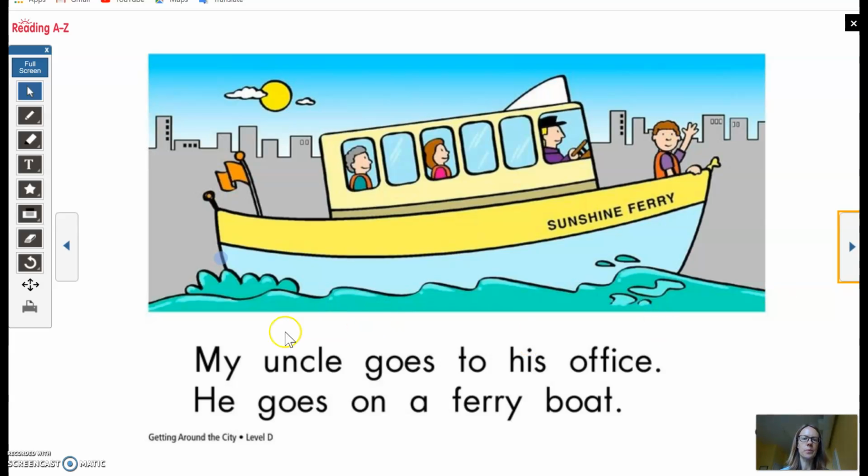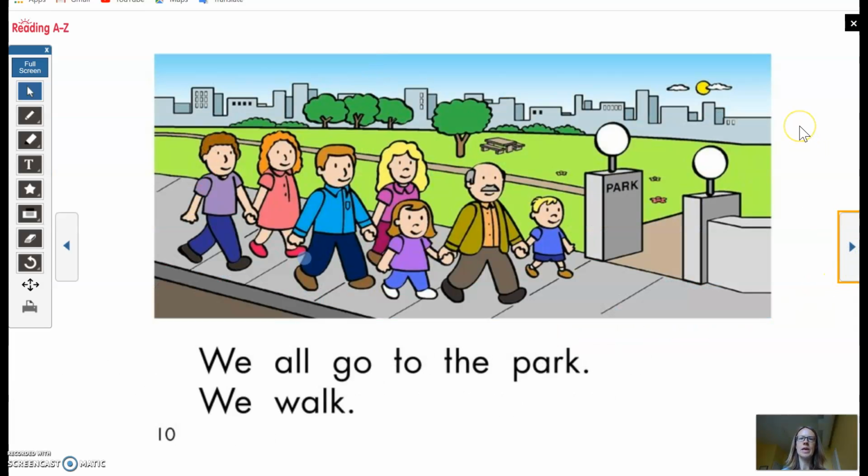Let's read together. My uncle goes to his office. He goes on a ferry boat. Can you find the uncle in the picture? Uncle, tío. You read.